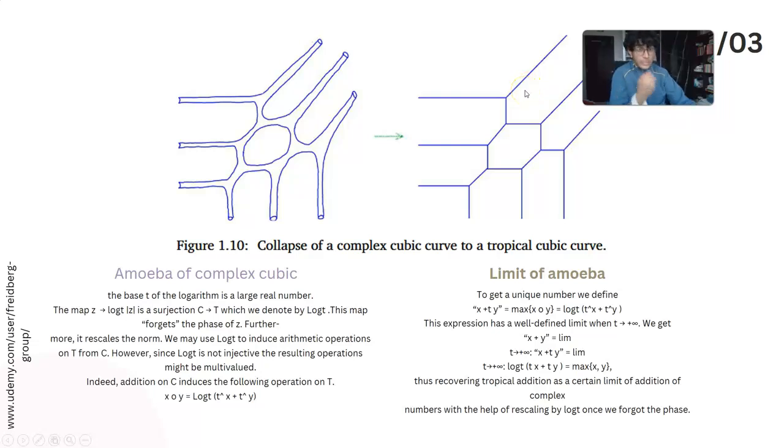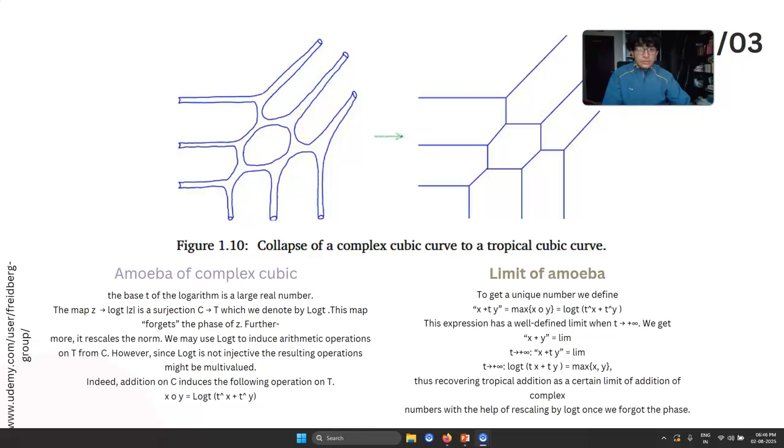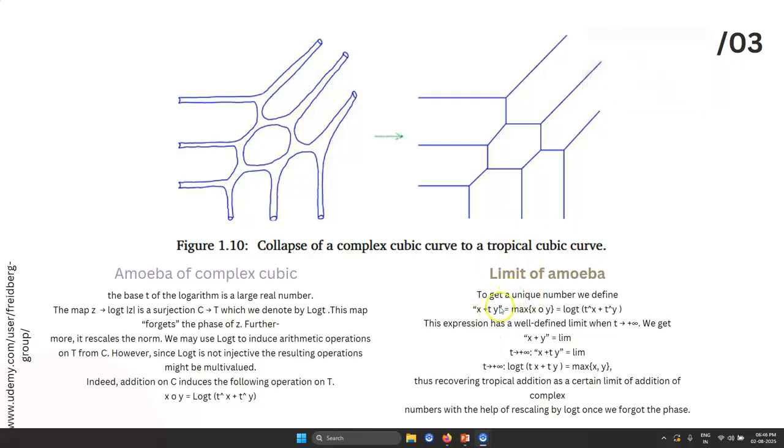So we increase the value of t. As t increases, our function converges from this amoebic mess into basically a whole bunch of max functions.